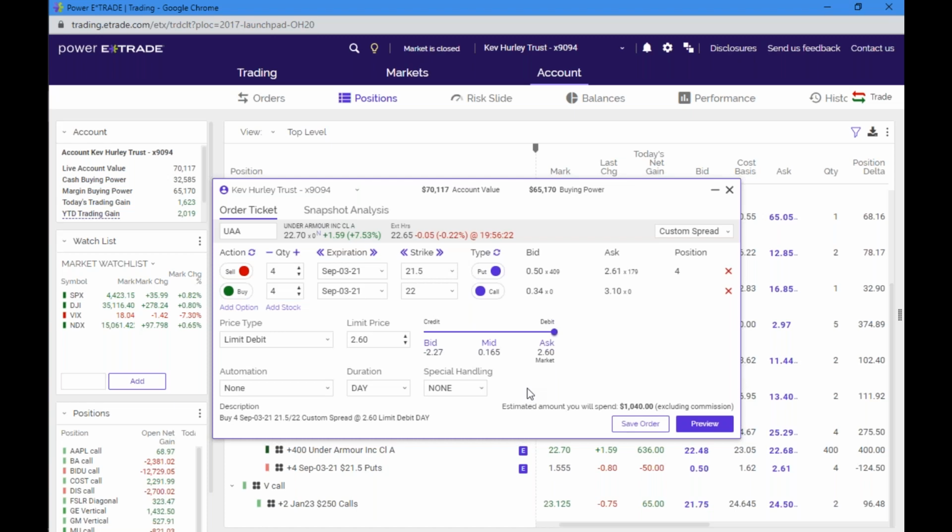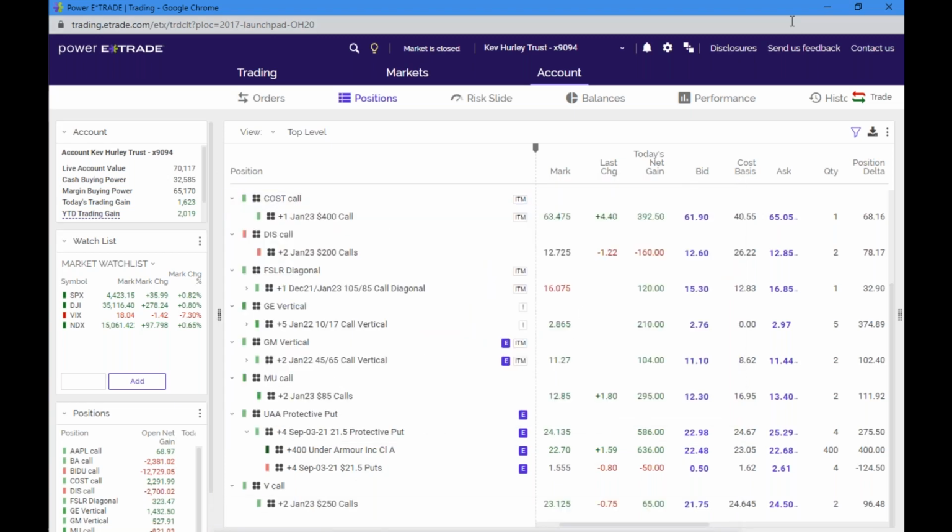It might cost me 16.5 cents. The problem is the limit price is $2.60. Do I think Under Armour will get to $24.50 to guarantee me a little bit of profit?